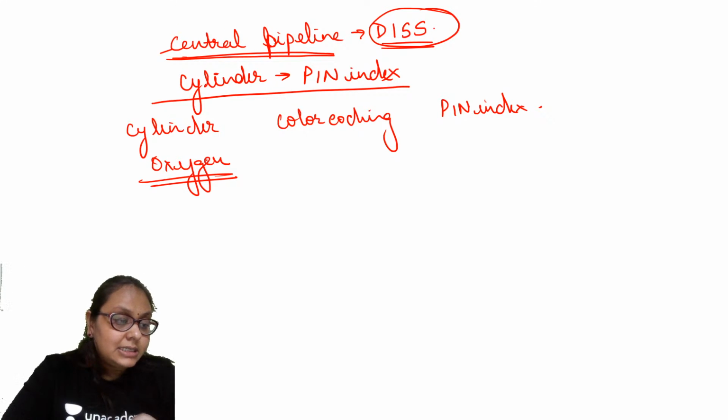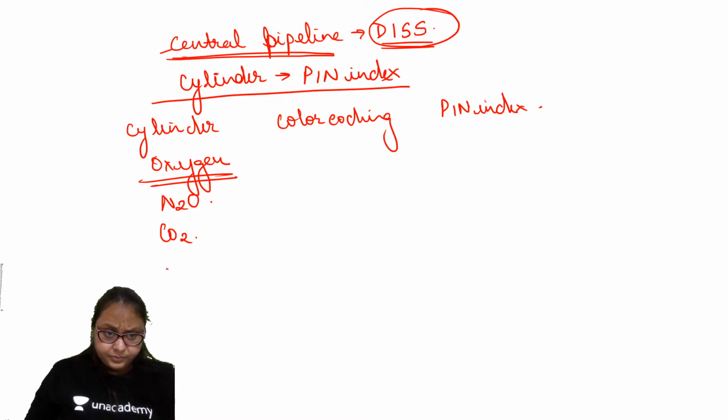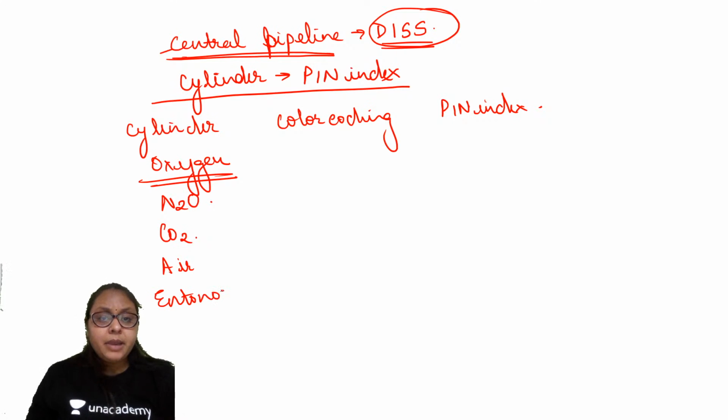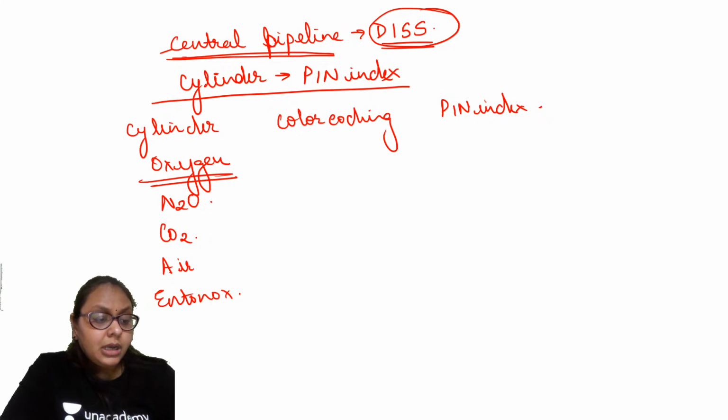For nitrous oxide, what is it? For carbon dioxide, for air, and Entonox. What is the pin index and the color coding for the following gas cylinders? Dr. Piyush, Dr. Kunal, are you getting my point? What am I asking?